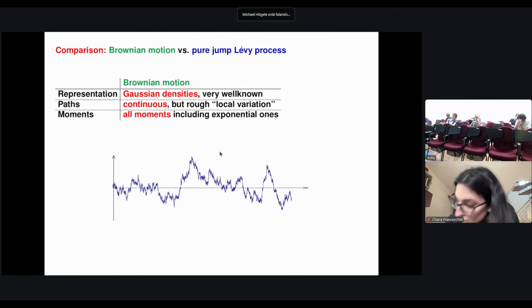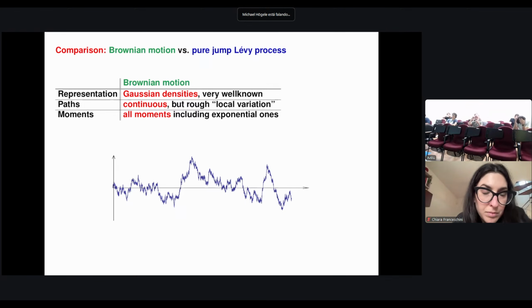Which correspond to the compound Poisson process. And in comparison to the Brownian motion, we can just look at pure jump process versus Brownian motion. Brownian motion has continuous paths, and it is much more rigid. It has a much more rigid structure because it has Gaussian increments, and there's a lot of Gaussianity in there, which means relatively few parameters in comparison to Lévy processes, which are always parameterized by some measure, and measures are infinite dimensional things.